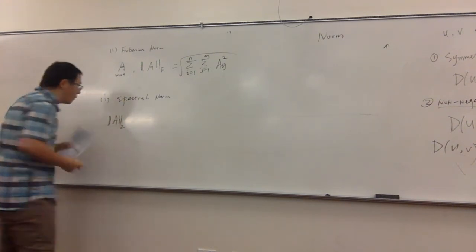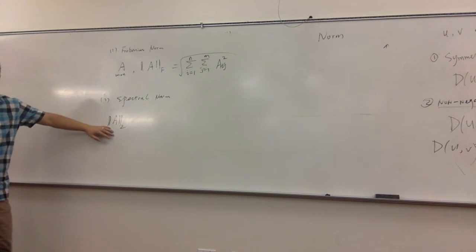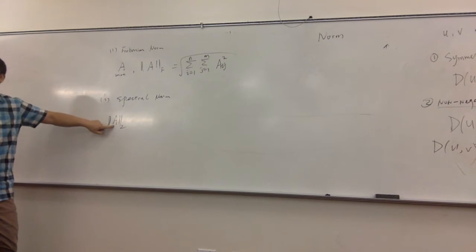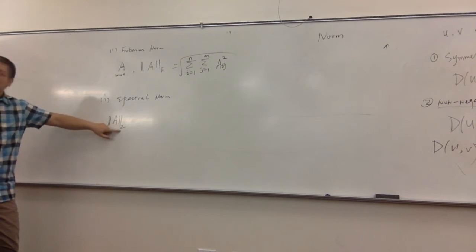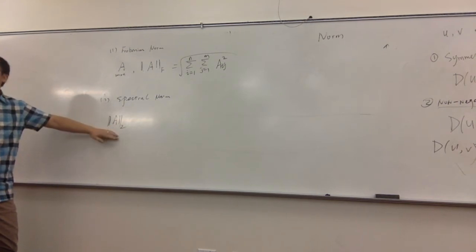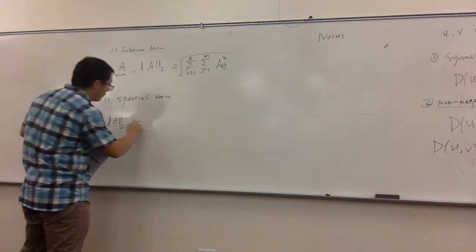First, the spectral norm is easily confused with the L2 norm for vectors. Remember, if there's a matrix here and you even have a subscript 2, this is not the L2 norm. This is the spectral norm, and it's far from the L2 norm.